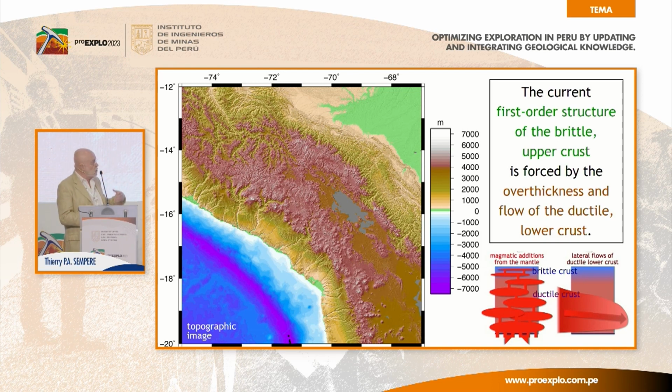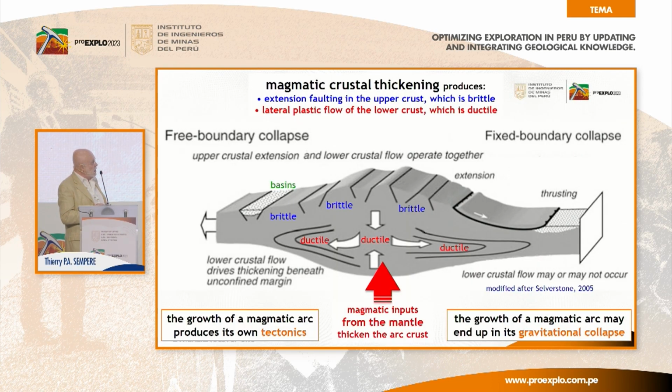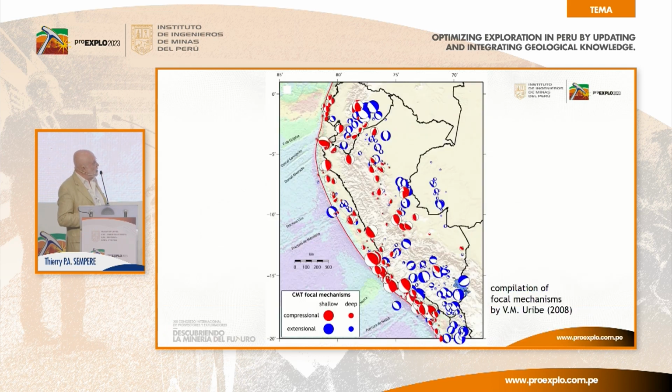And this is the cause of the crustal thickening, and this explains that when this is thickened like this, the upper part of the crust is fractured extensionally, and this is why we have so many faults together.